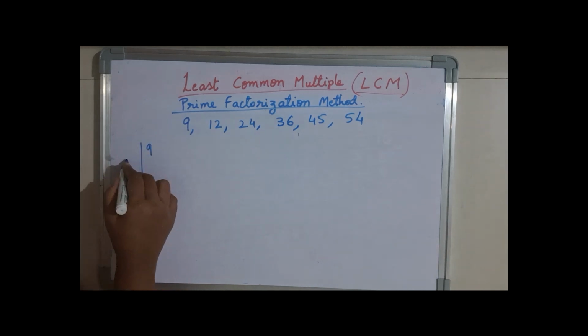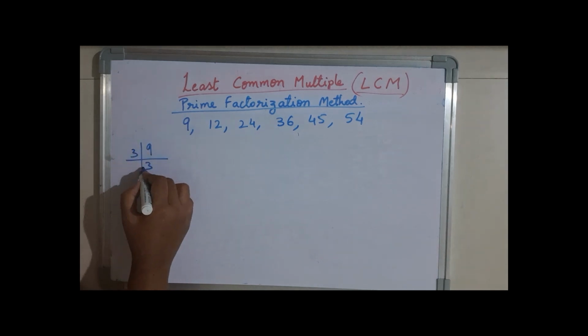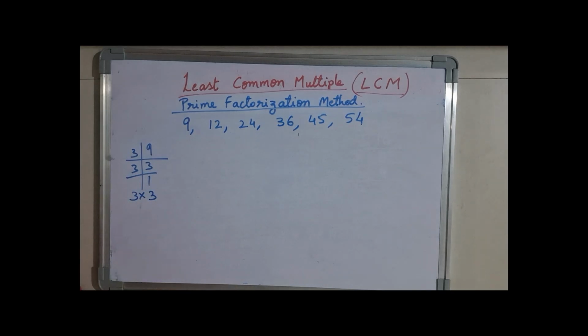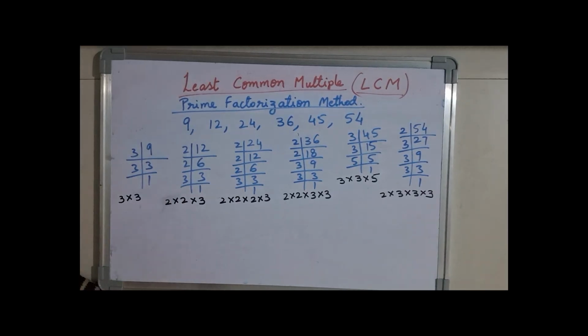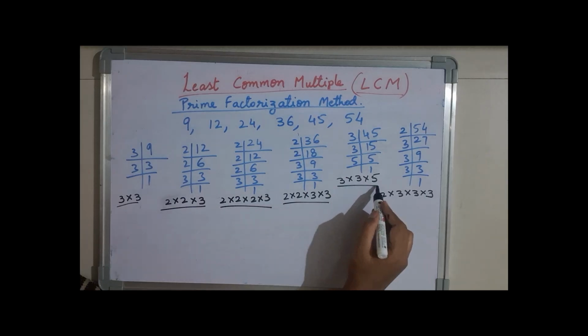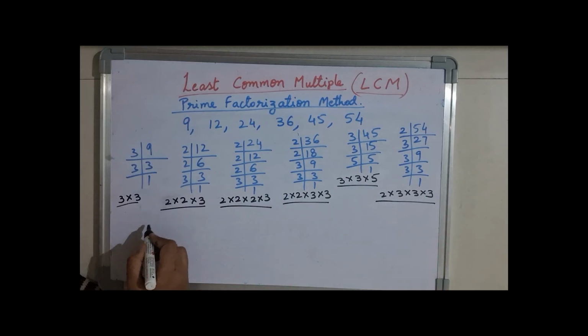By taking the prime factorization of all these numbers, we get these. So here are the prime factorizations of all these numbers, children. And by this, what will we get as the LCM?